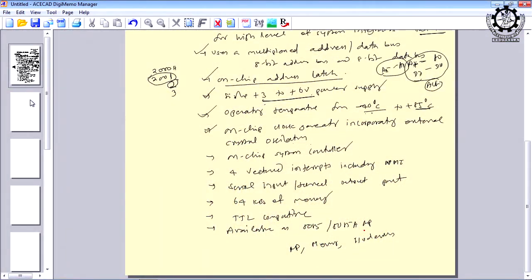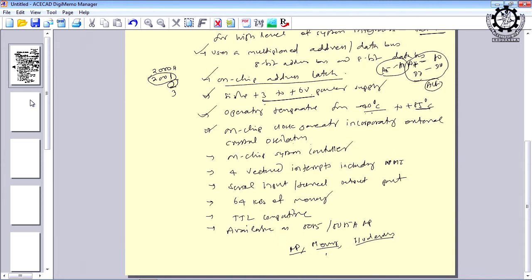So, here why I am telling only these 3 components are important for us? One is the microprocessor, another is memory, another is I/O device. So, if the microprocessor operates at 5 megahertz, can you guess what should be the frequency of memory to support it?